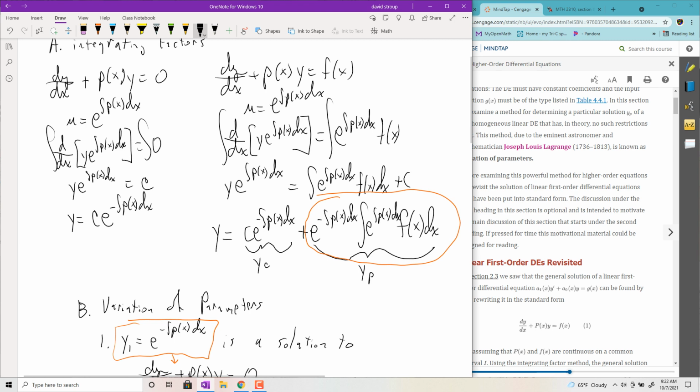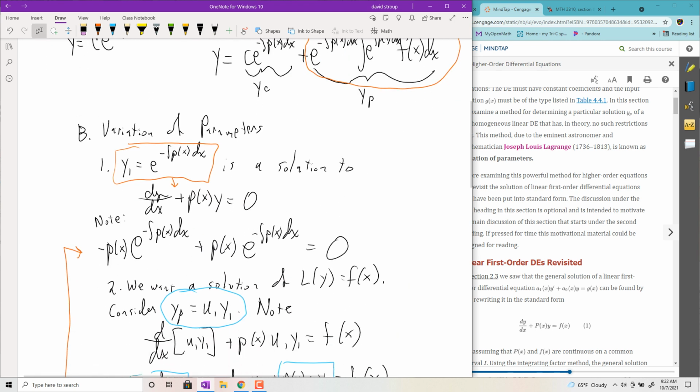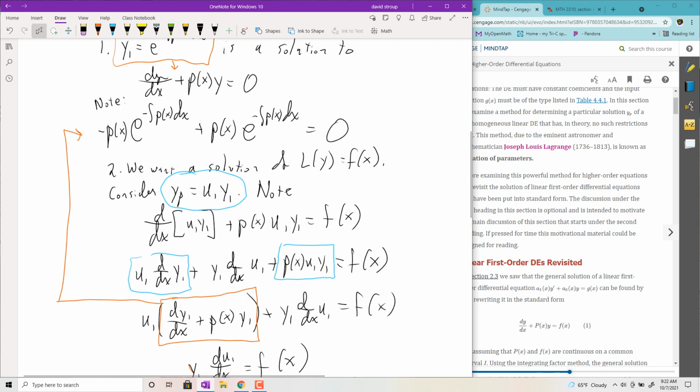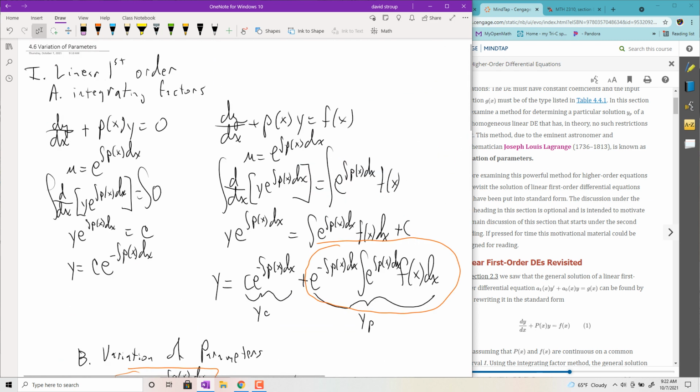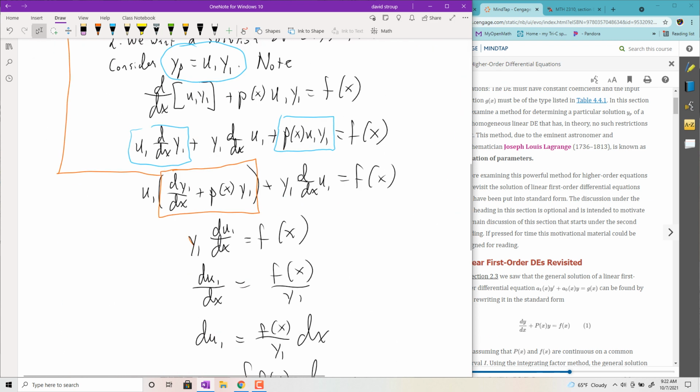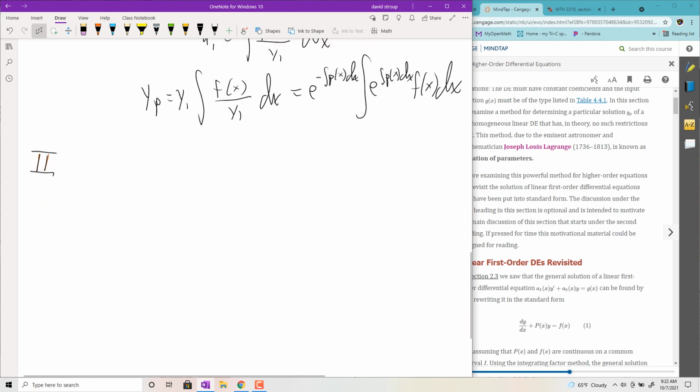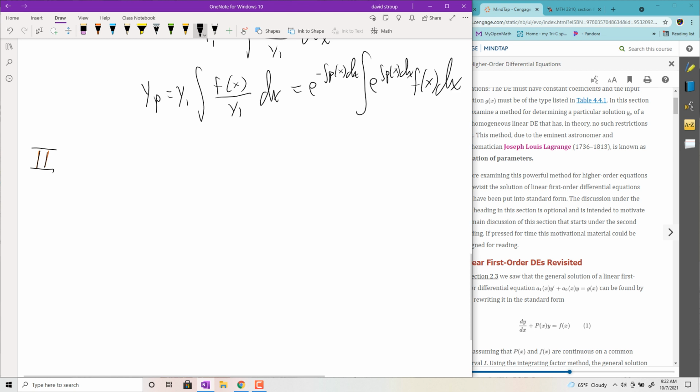That has just one function in its general solution. So we were able to pick out a particular solution just by multiplying that one function by u1. But now our general solutions for second order linear will have two parts. And so with y1, y2, we'll need a u1, u2, and the result is a system of equations, and so we're forced into linear algebra, the linear algebra universe, okay?